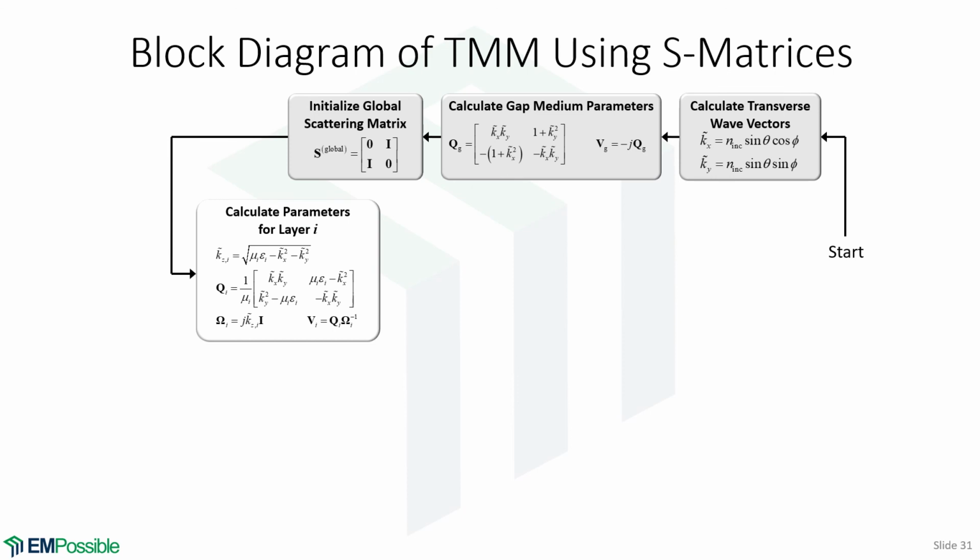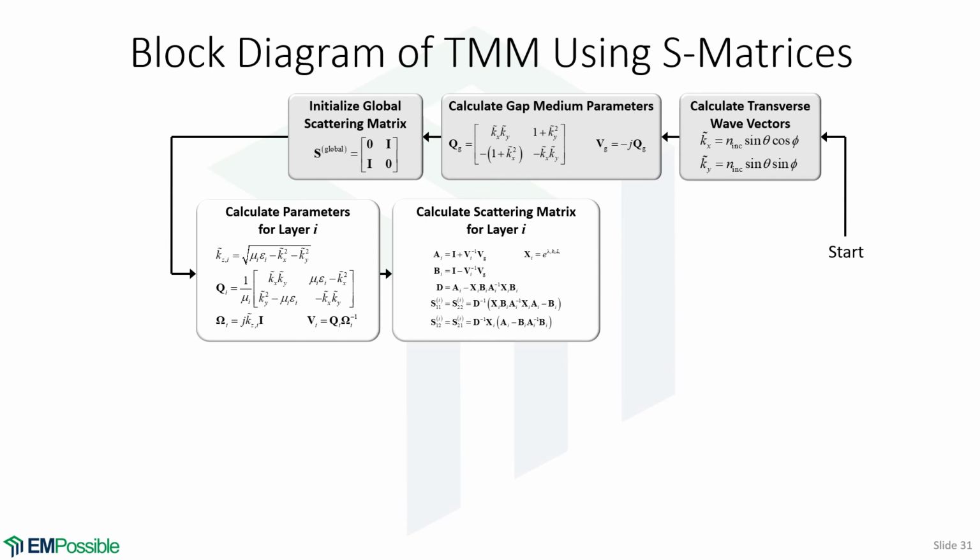For each layer, the first thing we're going to do is calculate a bunch of parameters for it. So we'll calculate the Z component of the wave vector in that layer. We'll build the Q matrix. We'll build the omega matrix. And then we'll also calculate the eigenvector matrix for the magnetic fields. Remember, we don't need the eigenvector matrix for the electric fields because that's always the identity matrix.